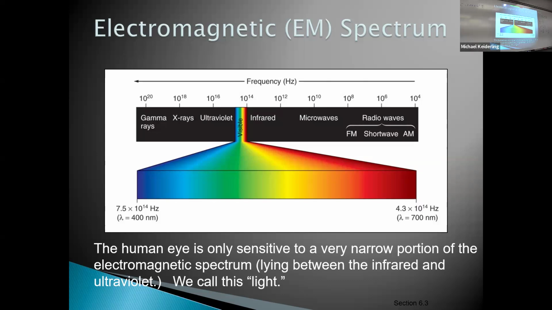Which is why you do not need to worry about getting cancer from 5G, because 5G is down here and the energy is nowhere near enough to mess with anything in your cells. You worry if you get X-rays or gamma rays, but those don't happen very often.